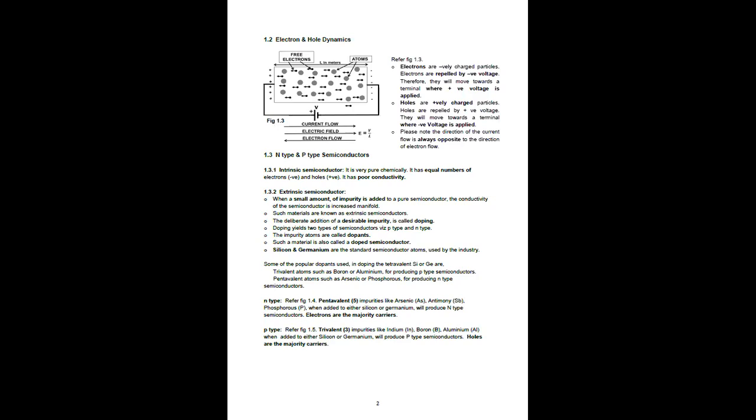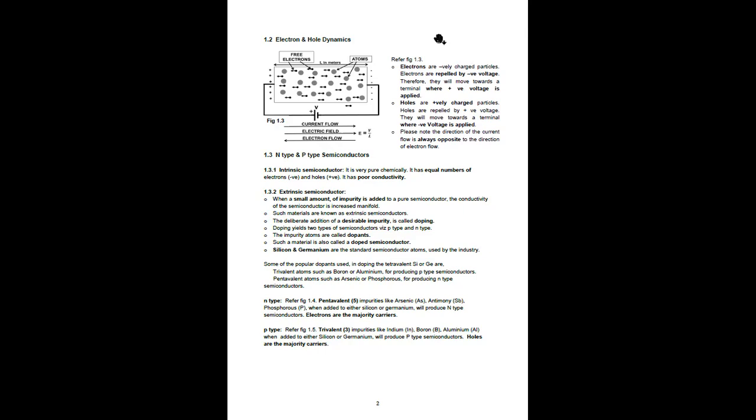The deliberate addition of a desirable impurity is called doping. Doping yields two types of semiconductors, that is the p-type and n-type. The impurity atoms are called dopants. Such a material is also called a doped semiconductor. Silicon and germanium are the standard semiconductor atoms used by the industry.